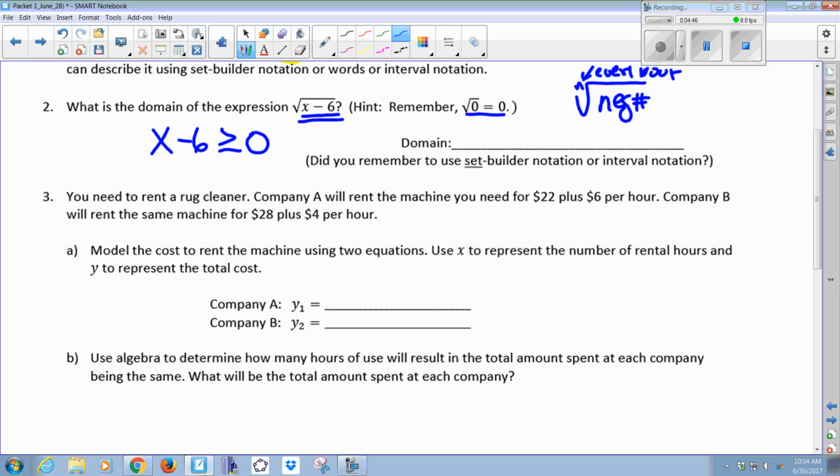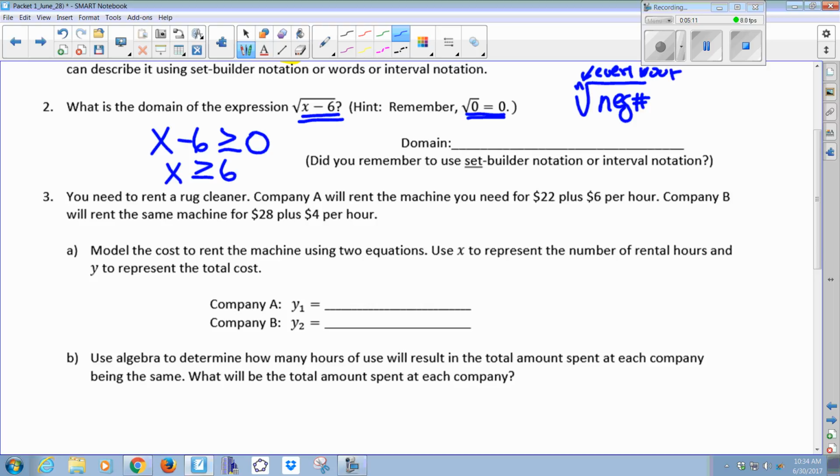Because remember, this is the part that many students always forget. The square root of 0 is defined, it's 0, because 0 squared is 0. So to find the domain for this expression underneath the radical, you say, when is x minus 6 greater than or equal to 0? And you add 6 to both sides, and you see that it's when x is greater than or equal to 6.